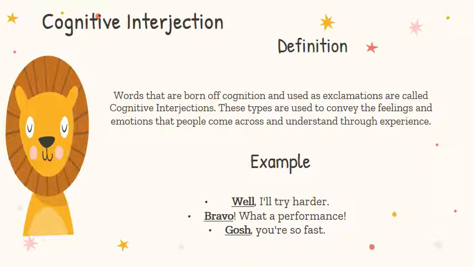Cognitive interjection. So what is cognitive interjection? Words that are born of cognition and used as exclamation are called cognitive interjections. These types are used to convey the feelings and emotions that people come across and understand through experience. Like the example: Well, I'll try harder. Bravo!